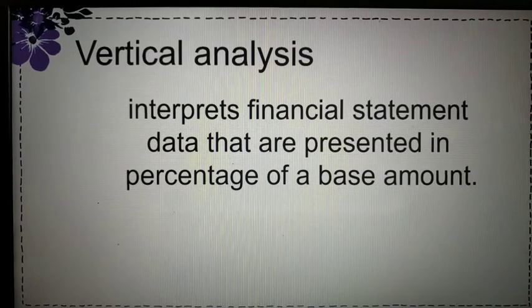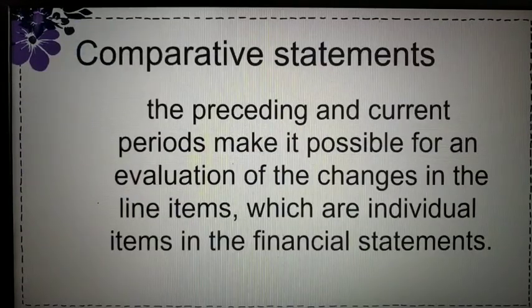Okay? Next is the comparative statements. The preceding and current period make it possible for an evaluation of the changes in the line items, which are individual items in the financial statement. So a comparative statement means that when you are done with computing your horizontal analysis and vertical analysis, you are to analyze what had happened, why it is bigger in 2015 and why it is smaller in 2016, or vice versa.